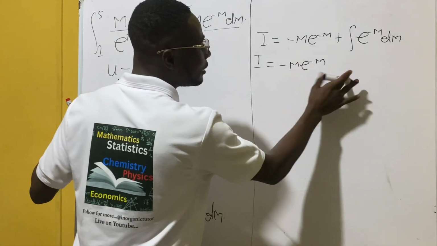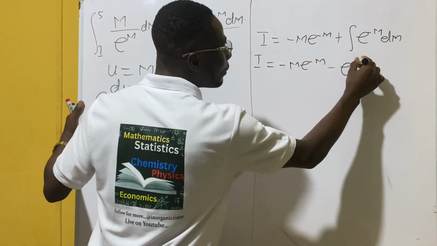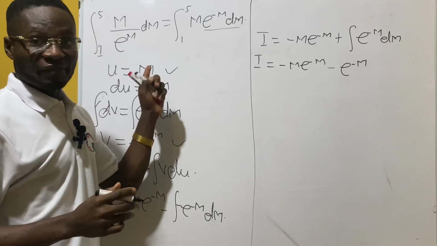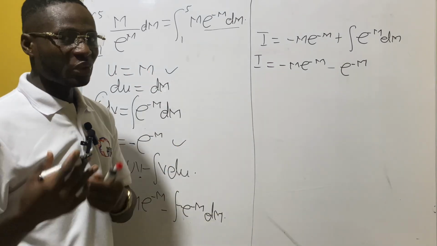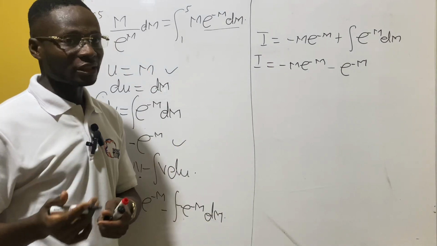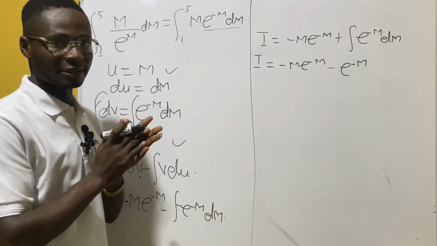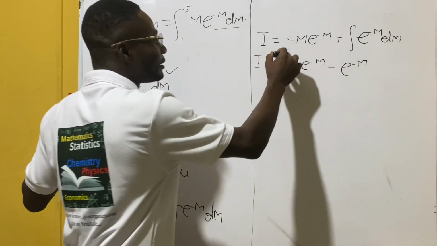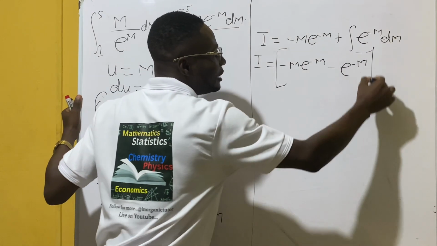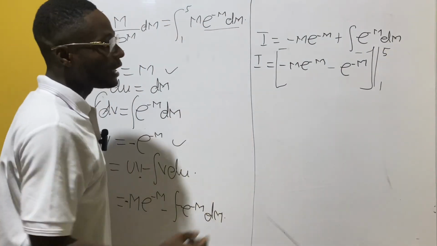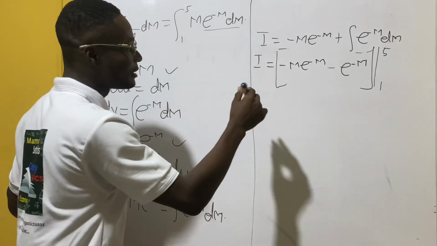This is a definite integral, so there is no need adding a constant of integration because it's going to cancel out when you substitute the limits. This is integrated over the limits 1 and 5, so let's substitute the limits and see.